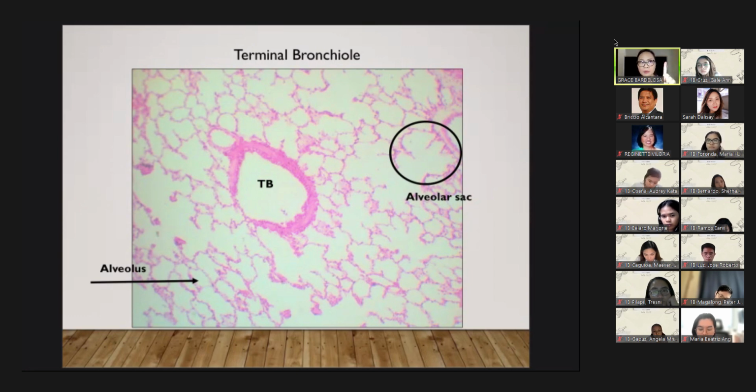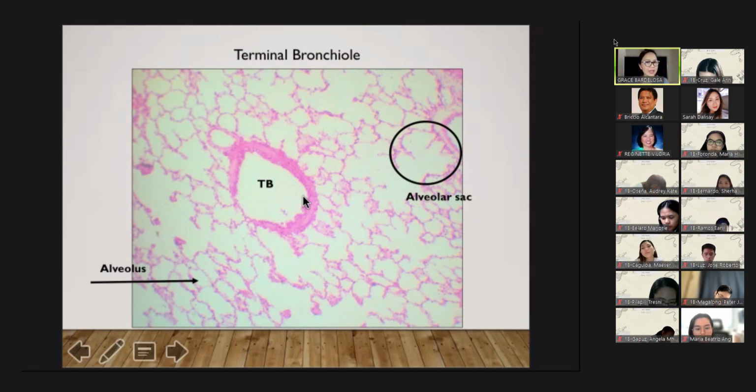Now, the terminal bronchiole, from the term itself, it's called terminal. Terminal as in dying? No. This is the last part of the air conducting system before it goes into actual gas exchange. Okay? So this is the terminal bronchiole, and it is lined with, that is not tuberculosis, that is the terminal bronchiole, a single layer of cuboidal cells alternating with many low, take note, non-ciliated columnar cells.